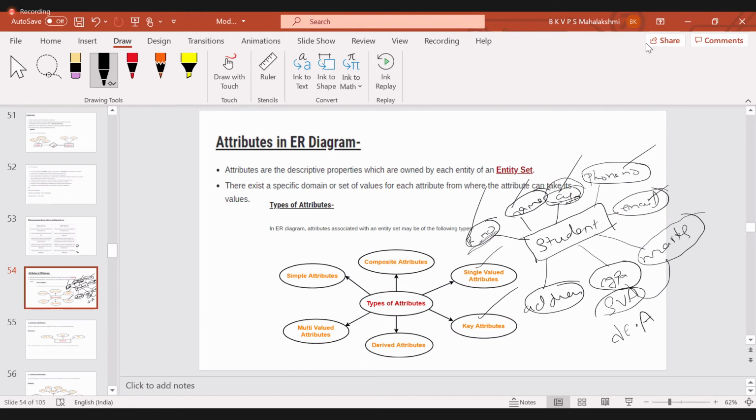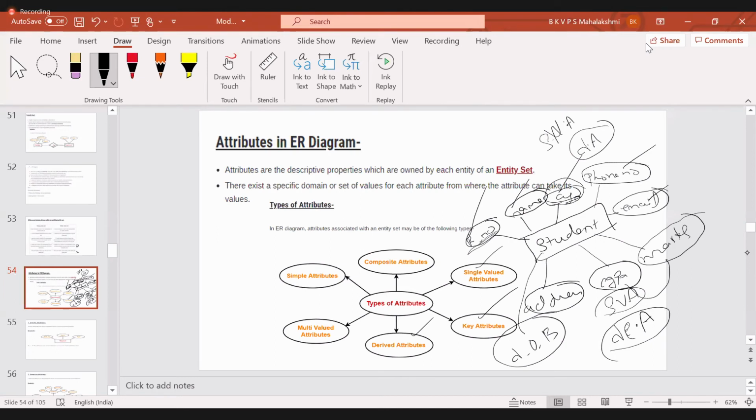And I can say age is also a derived attribute. If you have some other column like date of birth, can we derive the age attribute values from date of birth? Yes. So age, even though it is a single valued attribute, is also a derived attribute. So up to now we are clear with single valued, key, and derived attributes. And coming to the multi-valued attribute.